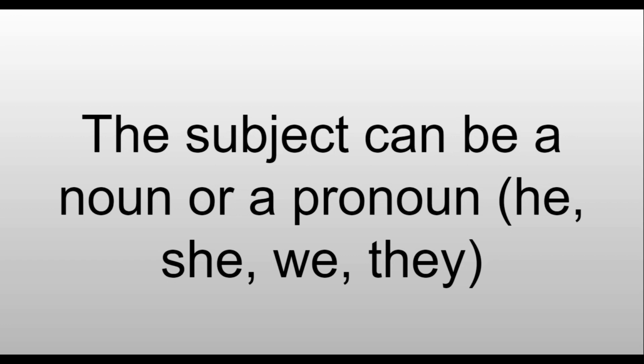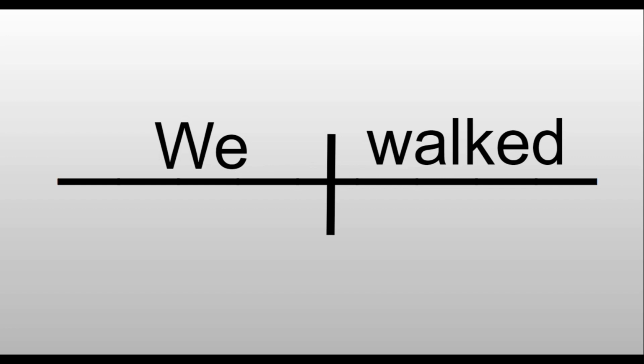We use a pronoun. We'll call them they, or we'll call them she, depending on who we're talking about. So in this sentence, we walked. We is the pronoun. Okay, you probably introduced who we was earlier when you were talking. So we have we, the subject here, and then walked is the verb.